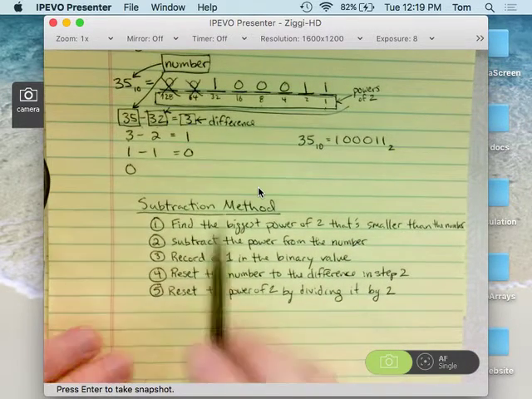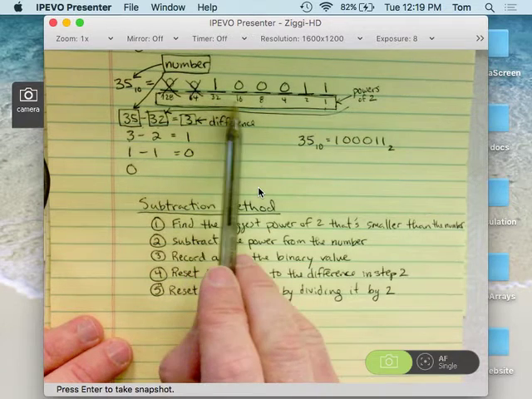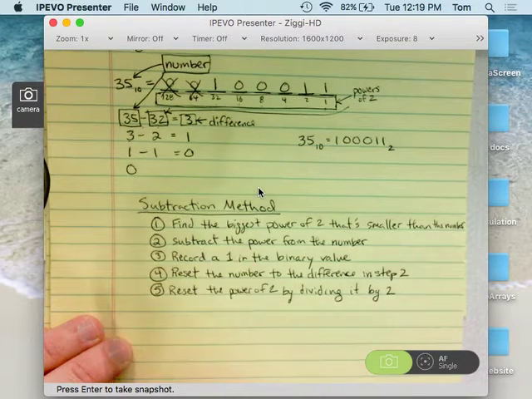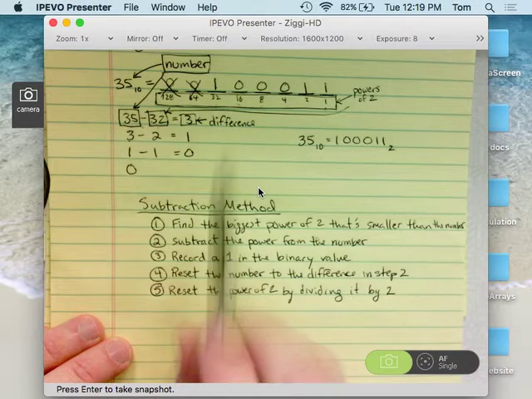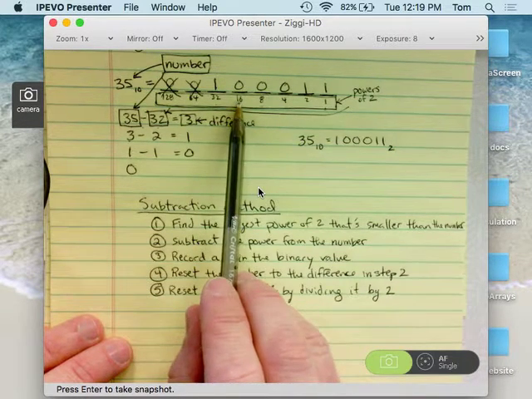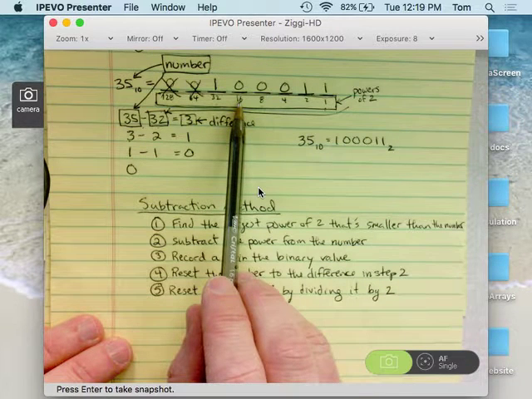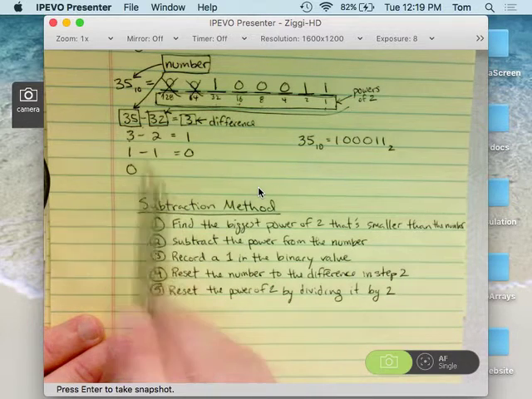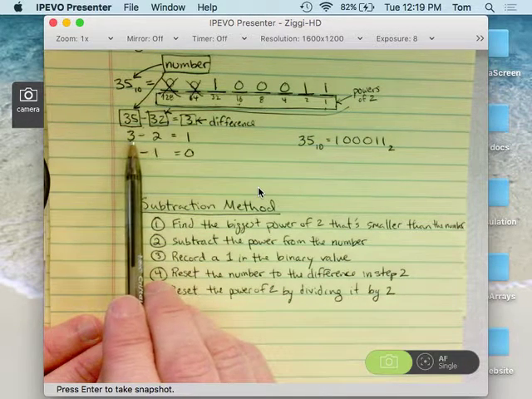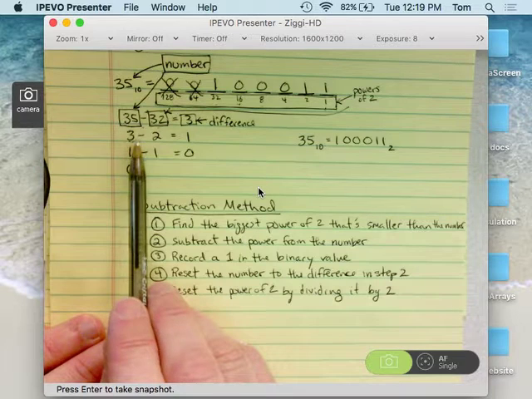So that's taking 32 divided by 2, I get 16. What do I want to do in this example when I get to 16? I want to subtract it from the number. Why don't I want to subtract it from the number here?